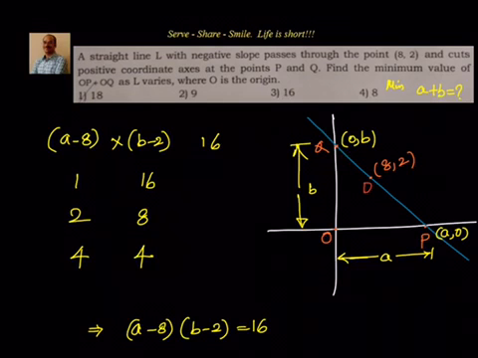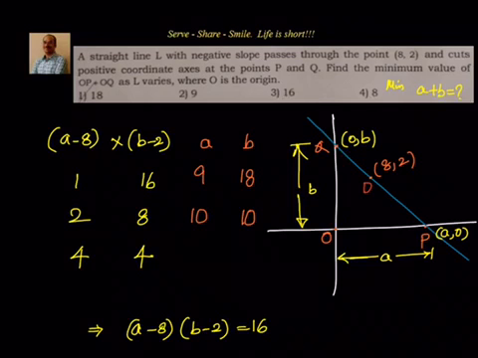Now let's write down the values of A and B for each scenario. If A minus 8 equals 1, A will be 9 and B will be 18. If A minus 8 equals 2, A will be 10 and B will also be 10.